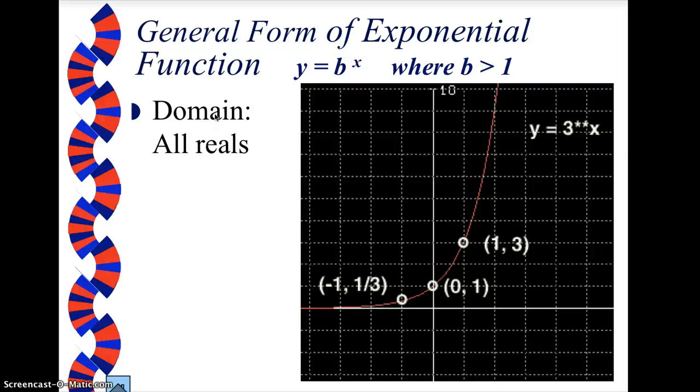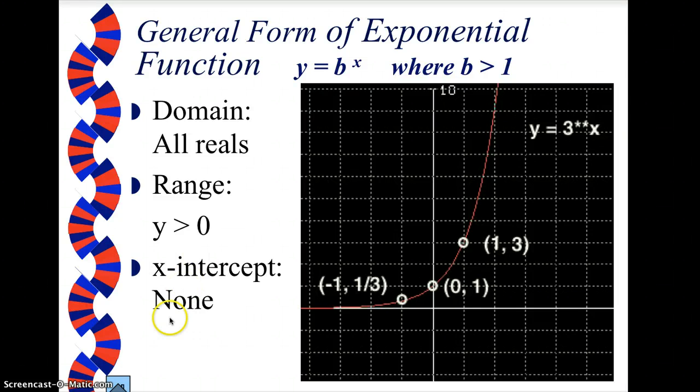Second characteristic of exponential function, the range or the y values of your y coordinates will always be greater than 0. It will never be equal to 0. There will be no x-intercept.